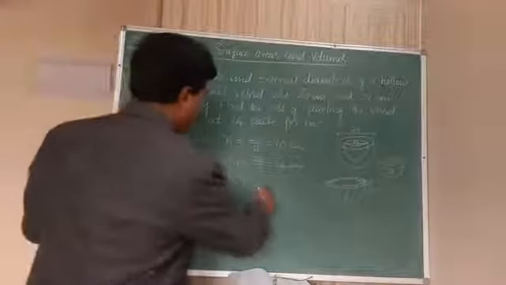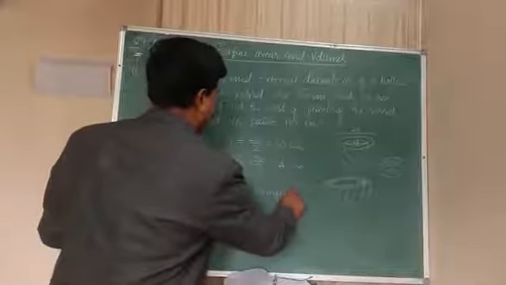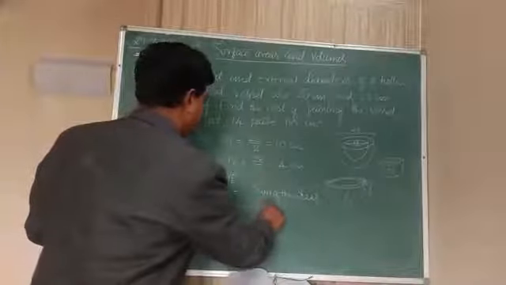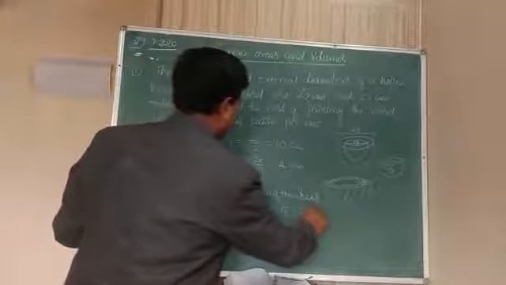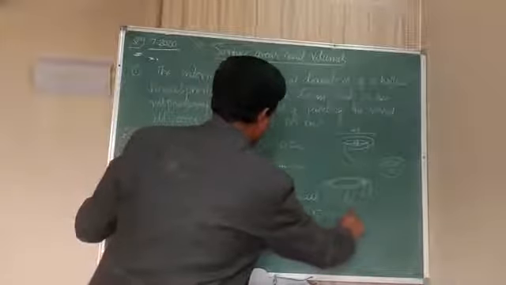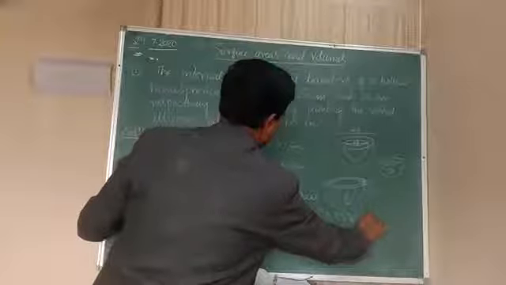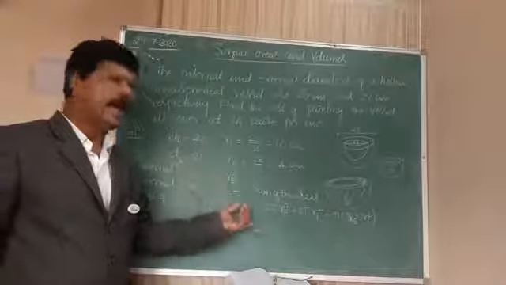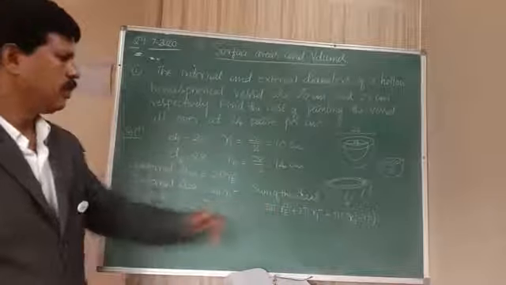Now, the sum of the areas is equal to 2 pi Re square plus 2 pi Ri square plus pi into Re square minus Ri square. You can find these out separately and then add them to get the total surface area. So I have taken it like this.